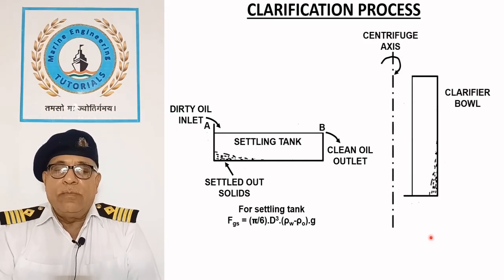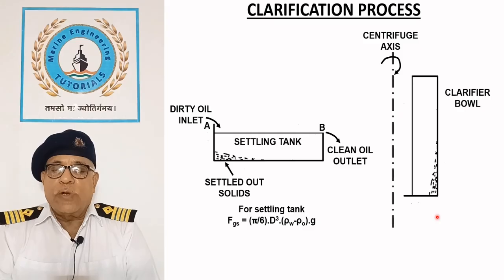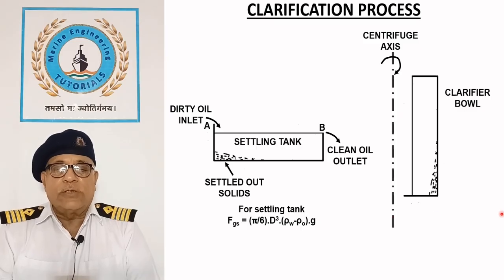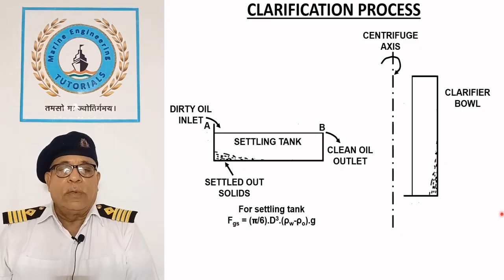If the arrangement is turned by 90 degrees and the centrifugal bowl is rotated around its axis, this will function as a clarifier. The term clarification is used to describe the separation of solids from a liquid.